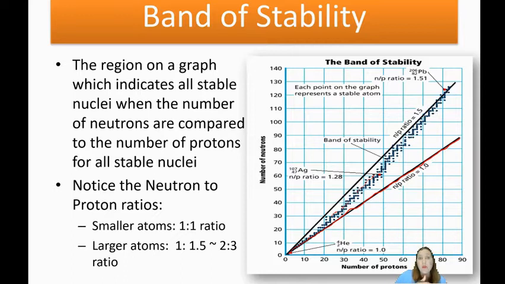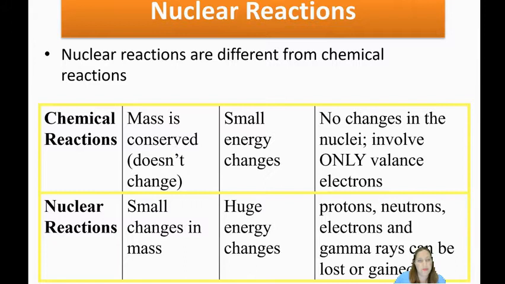So again, smaller isotopes are going to have a 1-to-1 ratio of neutrons to protons. And you'll notice that that ratio stays right there up until about the atomic number 20, 25, okay? And then all of a sudden you start to move away from that, okay? Larger atoms have a 1-to-1.5 ratio.